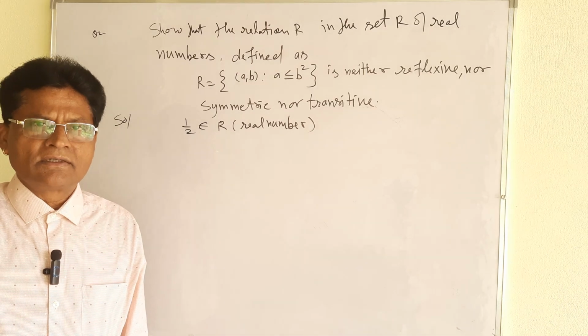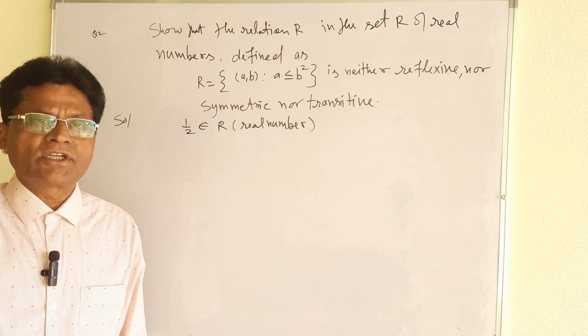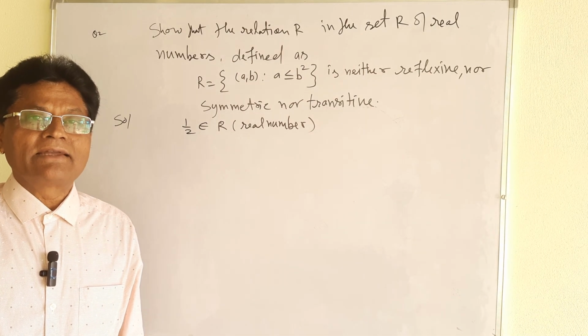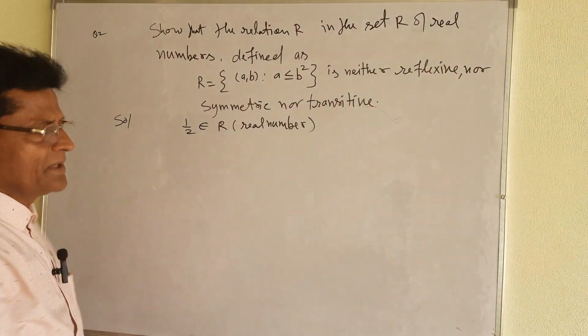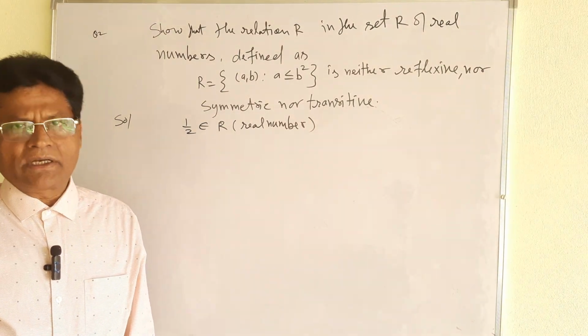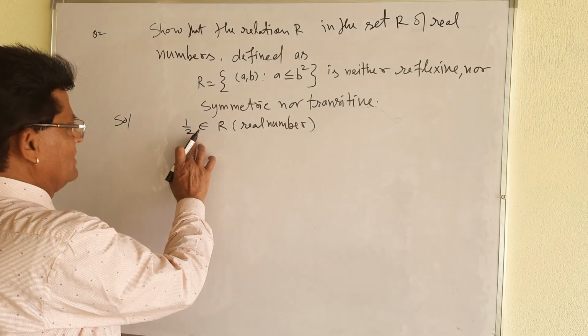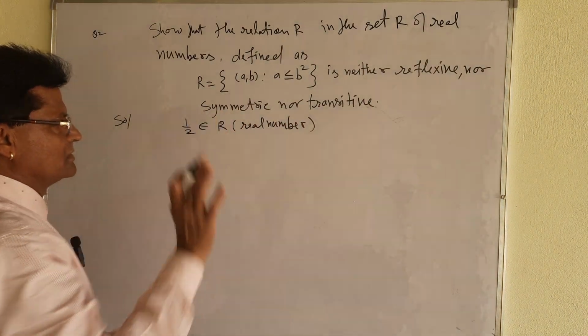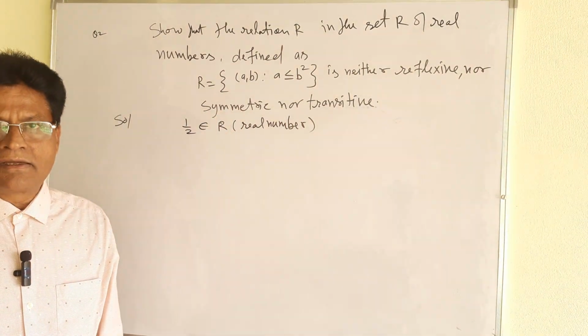Real number means the collection of rational and irrational numbers. I have taken 1 by 2 belongs to R.